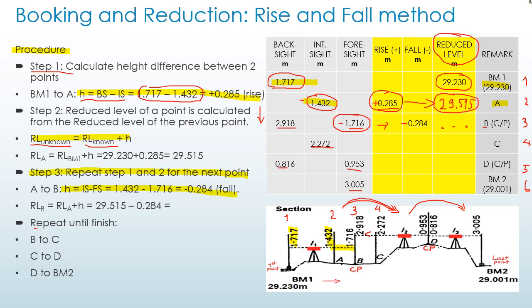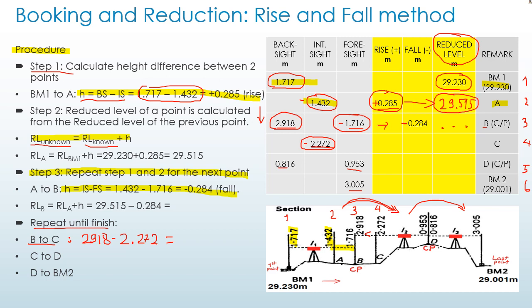We repeat this process. So from B to C, we have the rise or fall. It's going to be the backside reading again minus the intermediate side, the reading at the next point. So here you will have 2.918 minus 2.272, and that's going to give you a rise or fall.